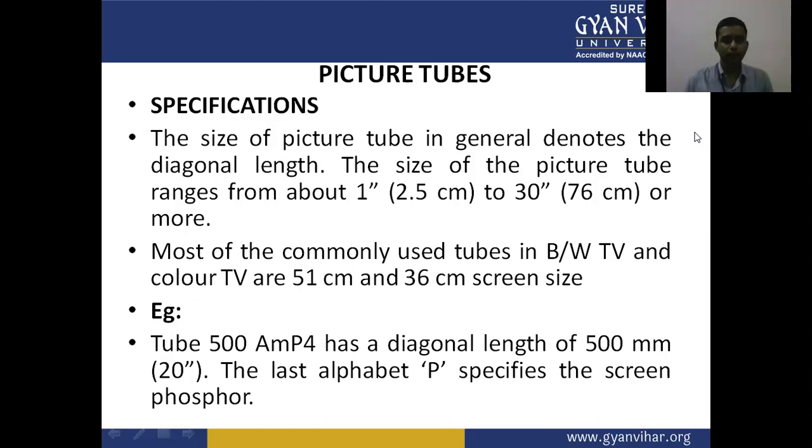So black and white TV is available in 51 centimeters, and our color television is available in 36 centimeters screen size. For example, the tube 500 AMP4 has a diagonal length of 500 millimeters, that is 20 inches. The last alphabet P specifies that the screen is a phosphor screen.